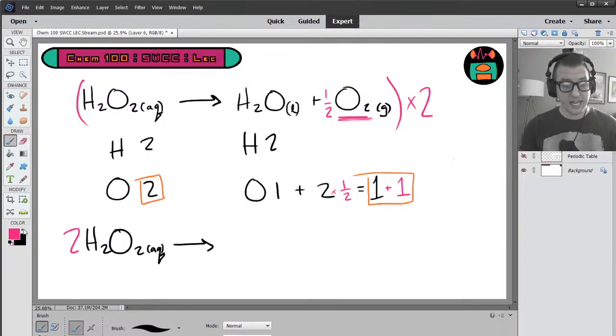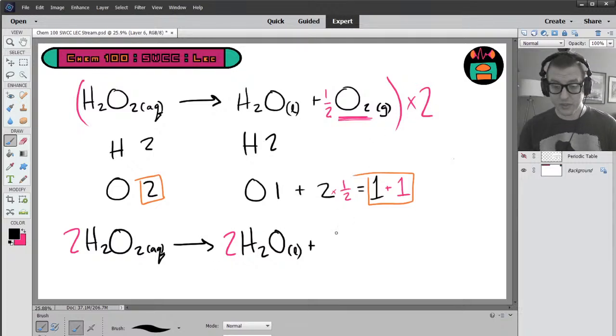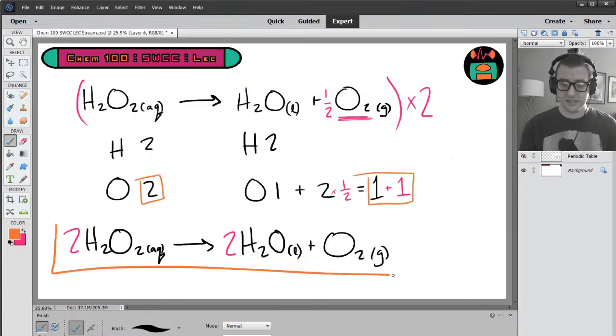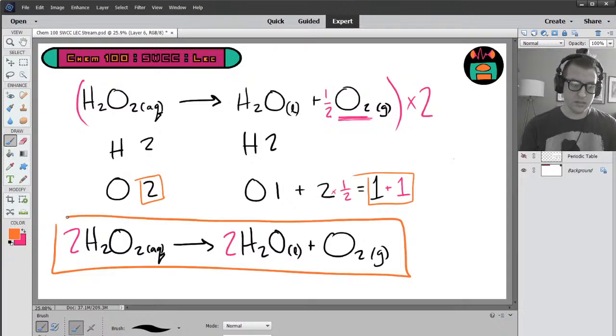On the product side, it'll give us 2 molecules of water, H2O, plus 1/2 times 2 is just 1, so plus 1 molecule of oxygen gas. All right, and this is our balanced chemical equation.